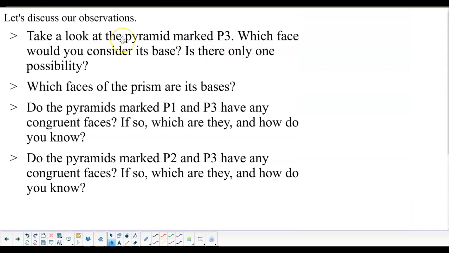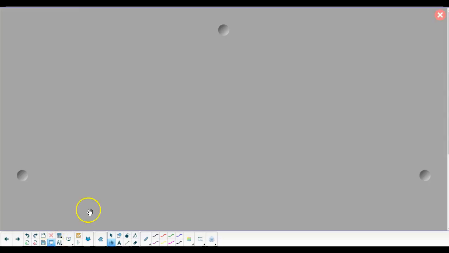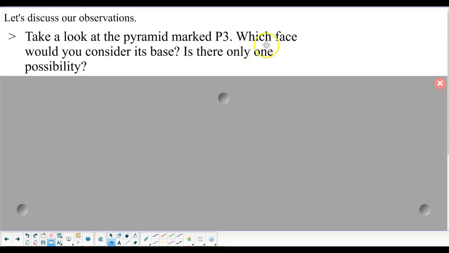All right, so let's just take a look here at the pyramid marked P3. Which face would you consider to be its base? Is there only one possibility? So take a look at P3 right now and discuss with your group. Which shape would you consider the base?